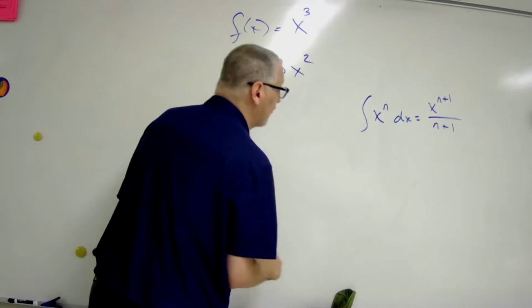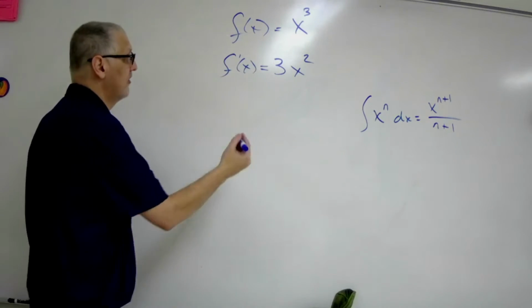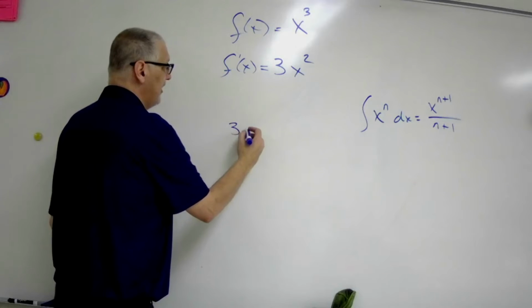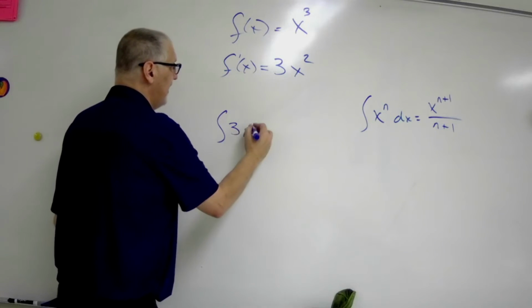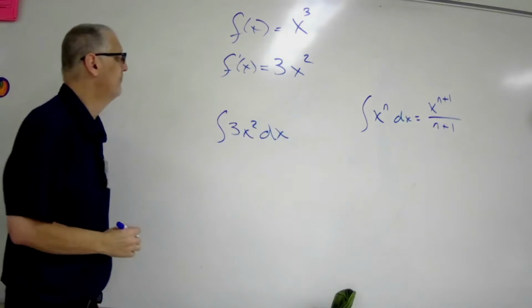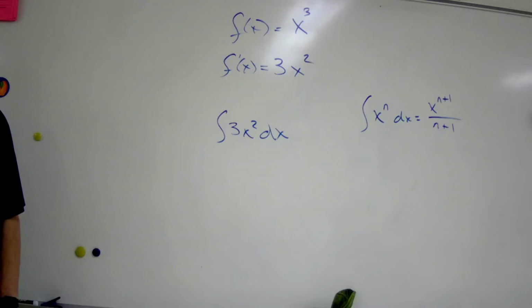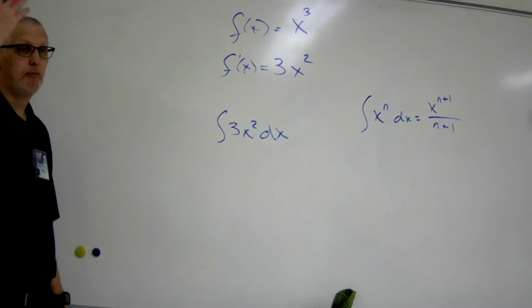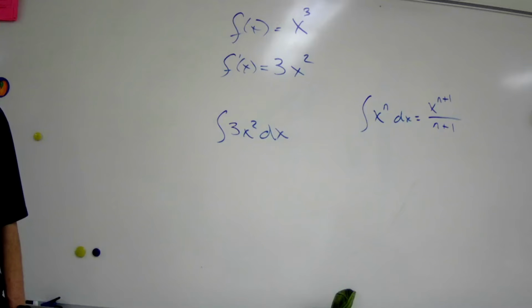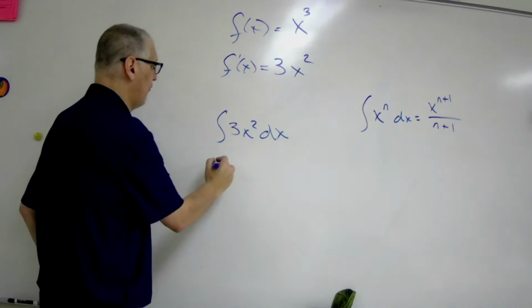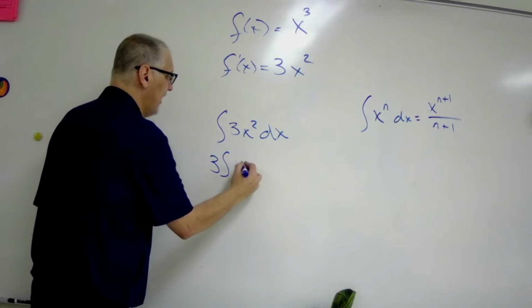So this is what we're going to start with, just like we started with on derivatives. If we're going to integrate 3x squared dx, that's the whole symbol, well, everything. With the derivative, were you allowed to pull the constant out? Yes? Same here, pull your constant out. 3 times the integral of x squared dx.